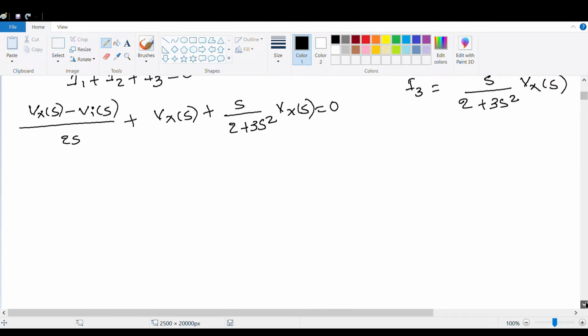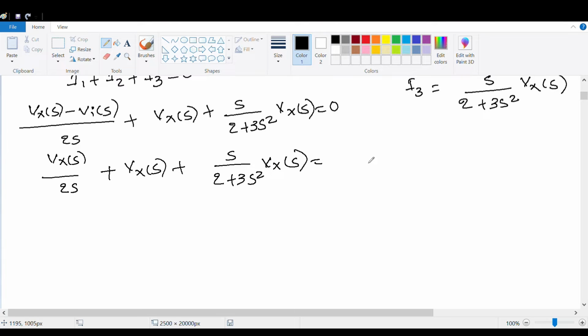Now Vx of s by 2s plus Vx of s plus s by 2 plus 3s square Vx of s equals Vi of s by 2s.